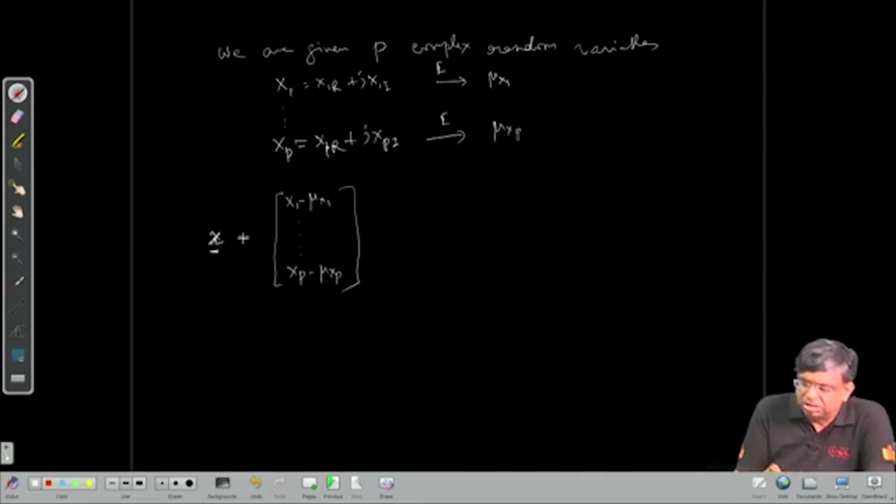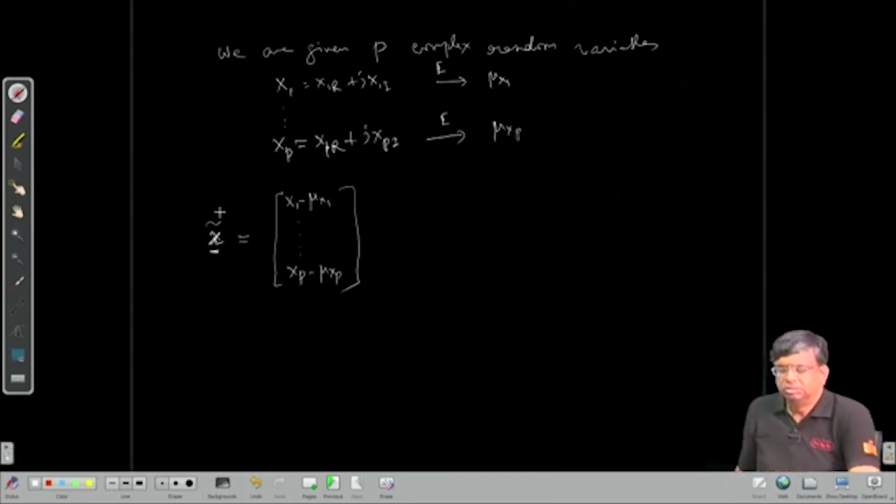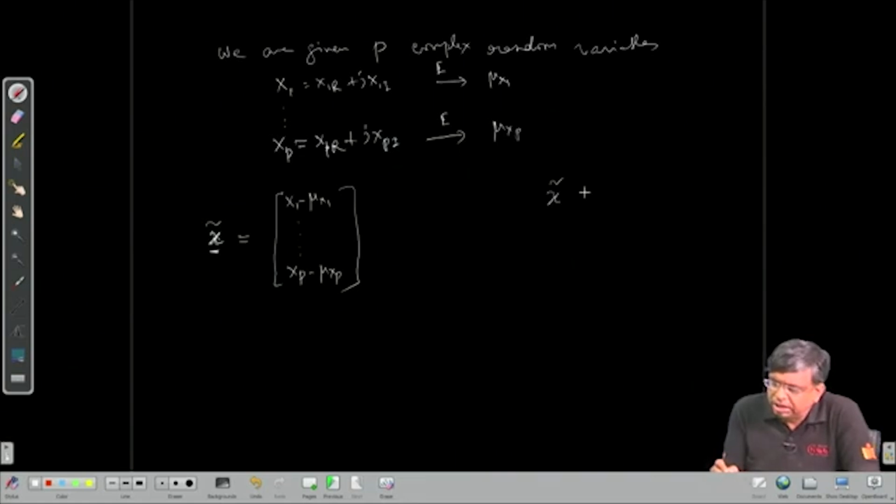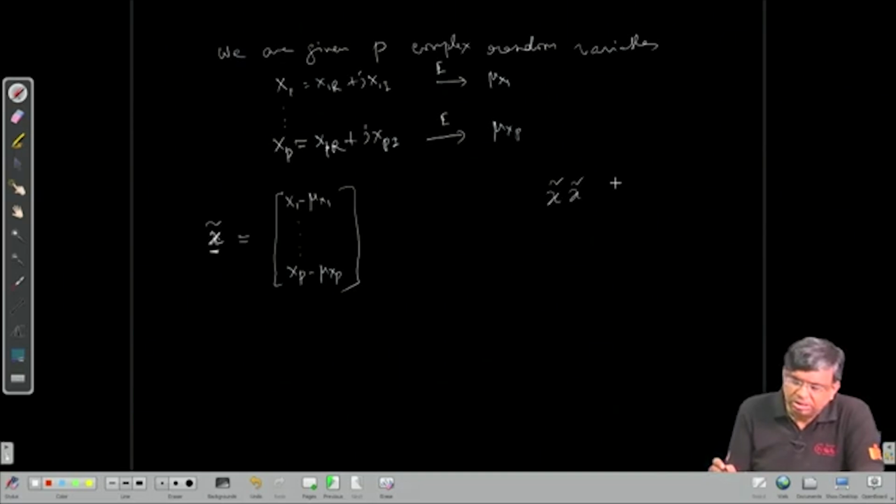So, suppose this is this and I call it x tilde. Then x tilde, okay. Before this I need to do something called the Hermitian operation. Fine. I will come back to this.